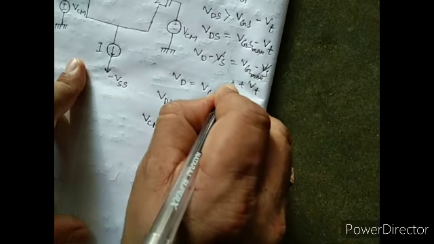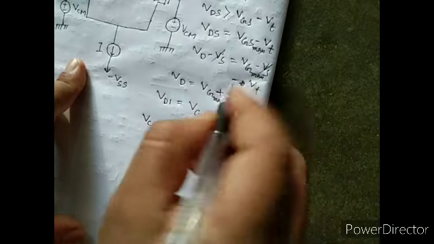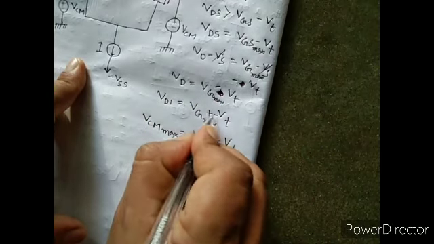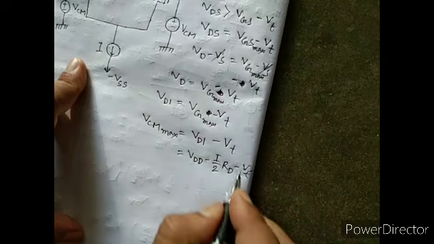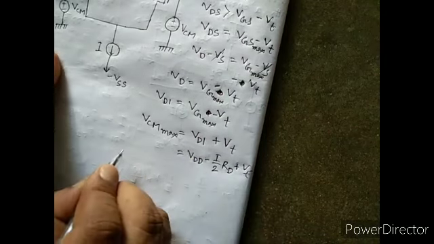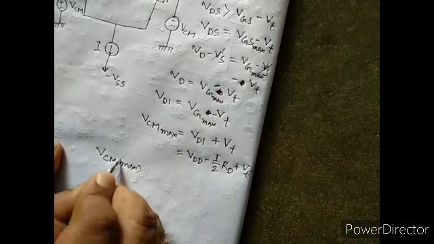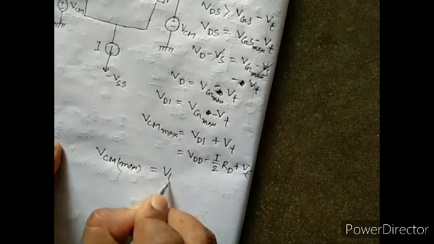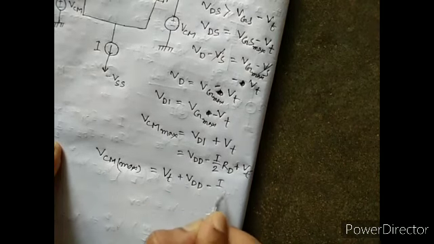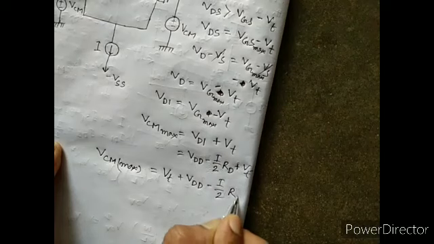This is negative, this is negative, so this should be positive. So VCM max equals VT plus VDD minus I by 2 RD.